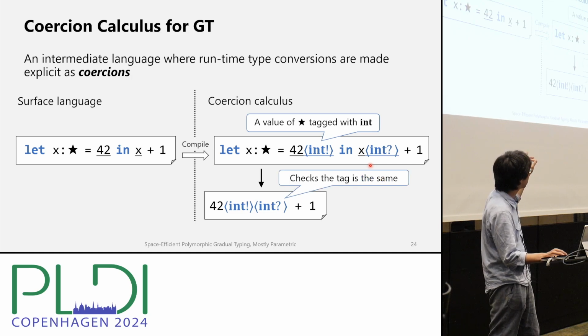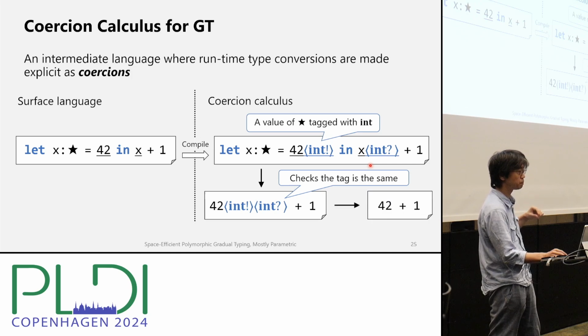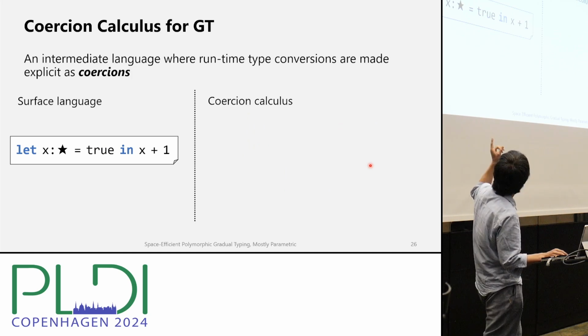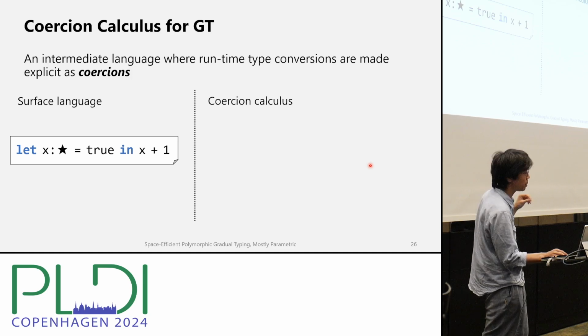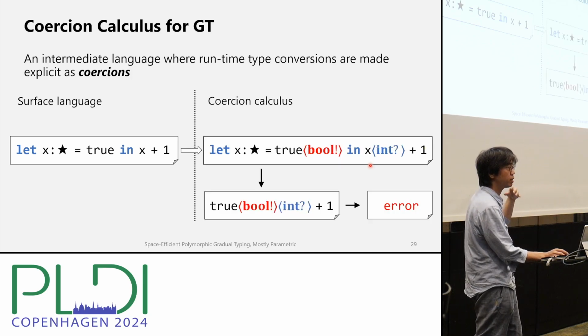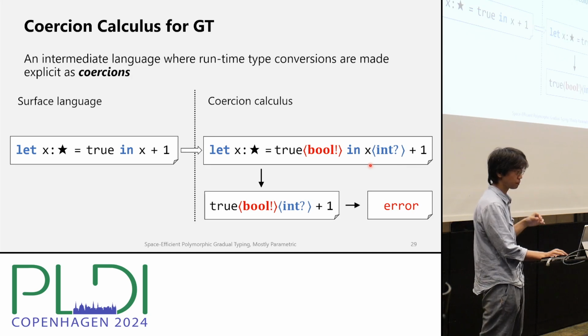The tag in the int question is the same as the tag attached to the argument value here. So in this case, the two have the same type tag, so the check is successful. But if the integer 42 is replaced by a Boolean value, then the type mismatch happens, so it leads to a runtime error.